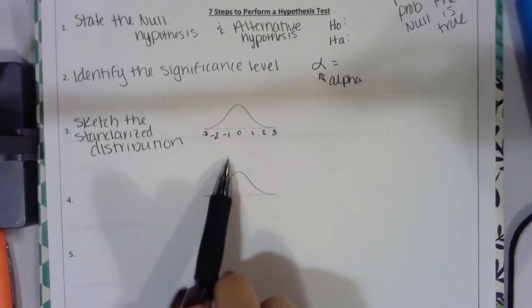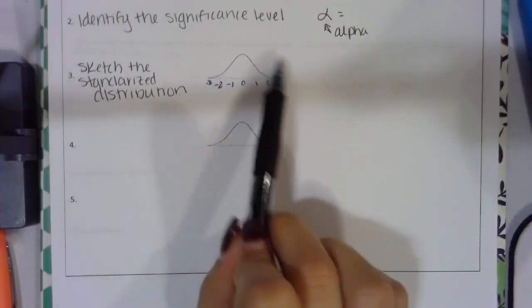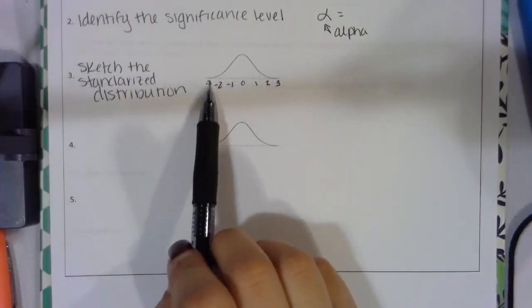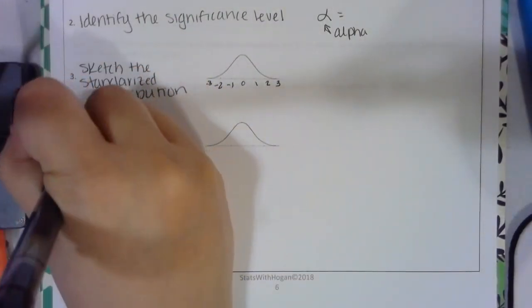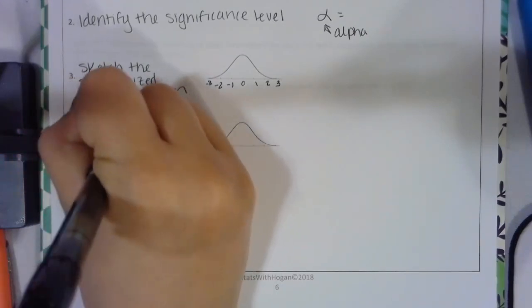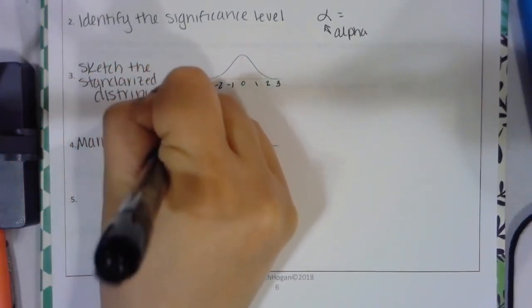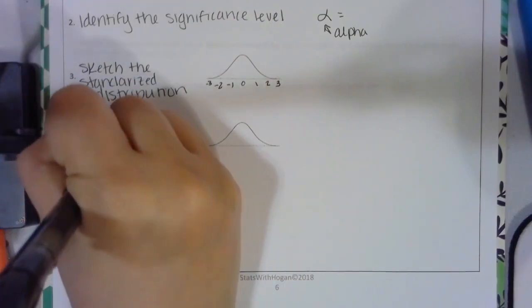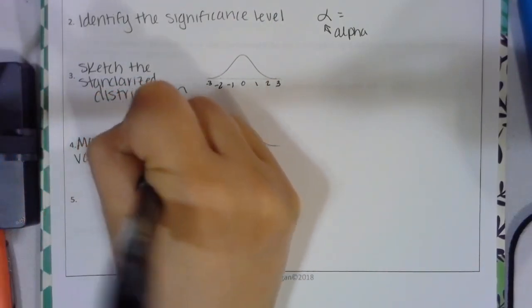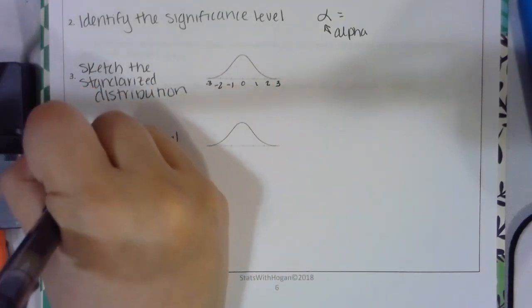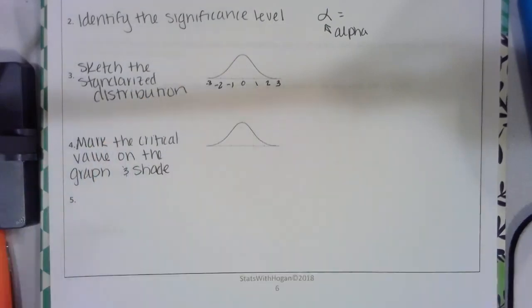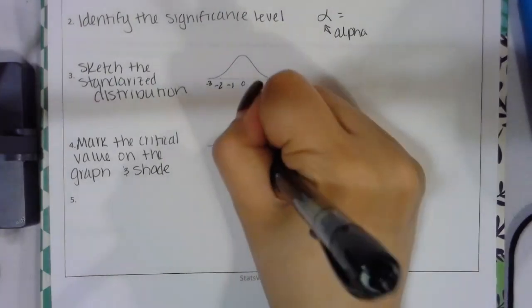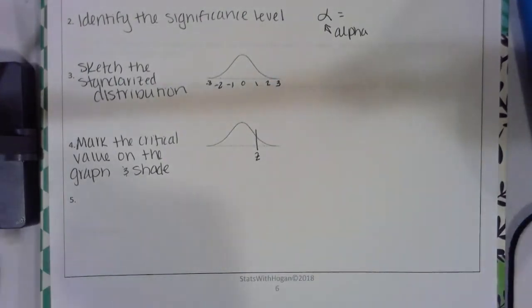Sketching it would just be, if this graph isn't drawn, draw it and label it from -3 to 3. Once you have it sketched, then you need to mark the critical value on the graph and shade. So you'd mark it wherever your z-score is, and then you're going to shade.